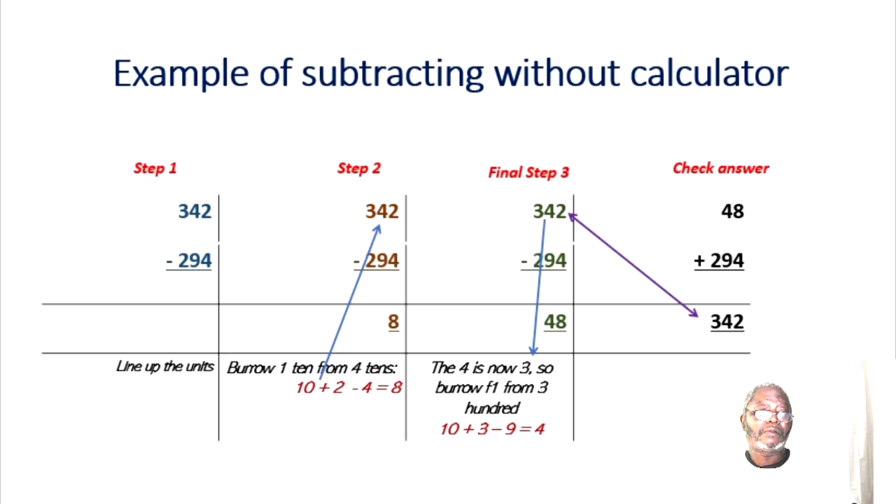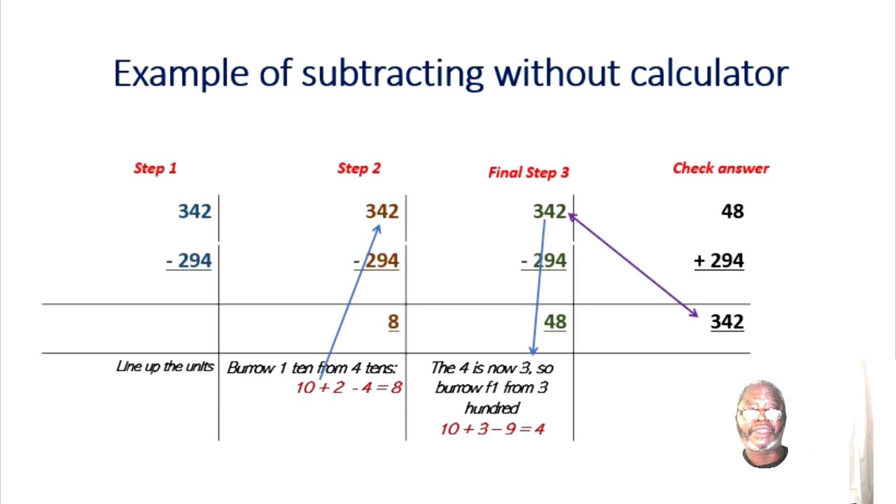So 1 from the 3 is actually 100, but because it's the tens column you're working on, it's only 10. So the 1 to the 4 makes 14, but don't forget that it's not 4 anymore, it's now 3. So you're now left with 3 in the tens column at the top.